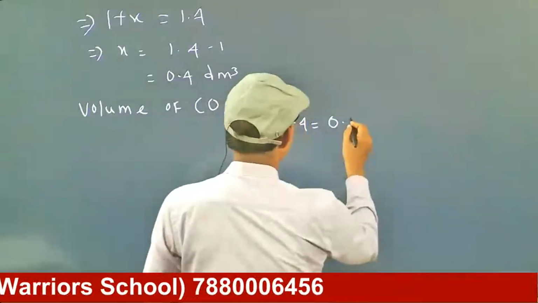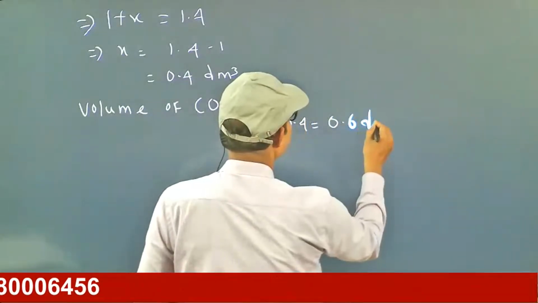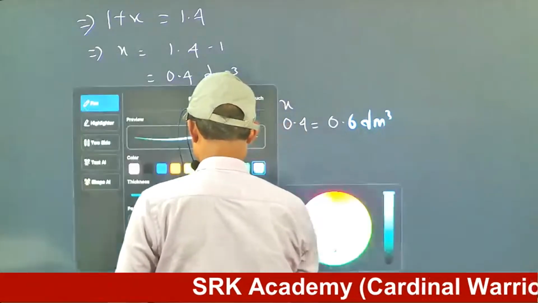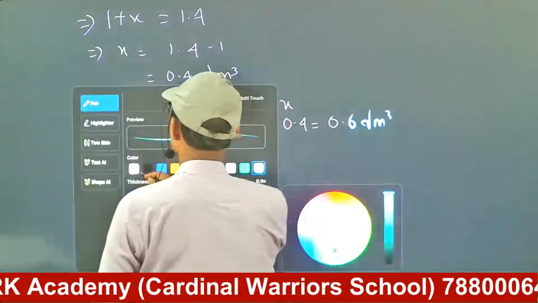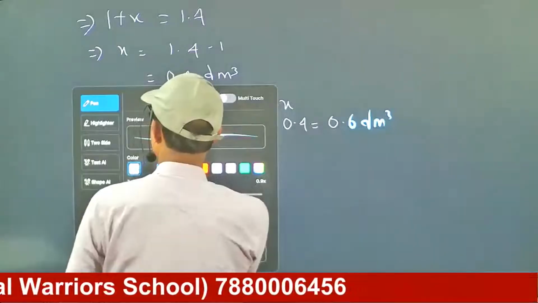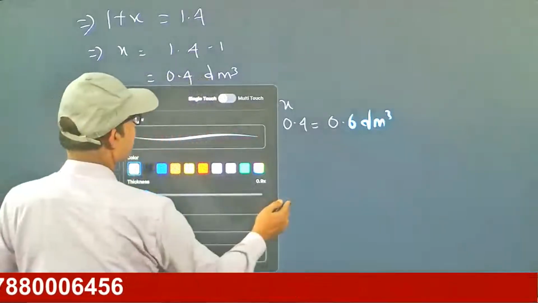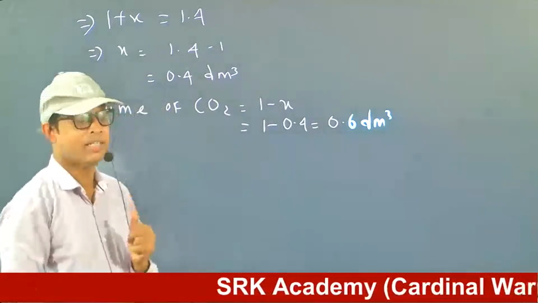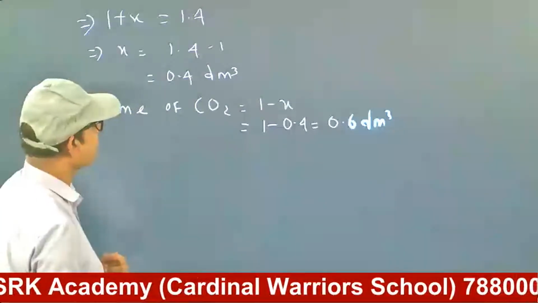So this is 0.6 decimeter cube. Right? This is the volume of carbon dioxide.